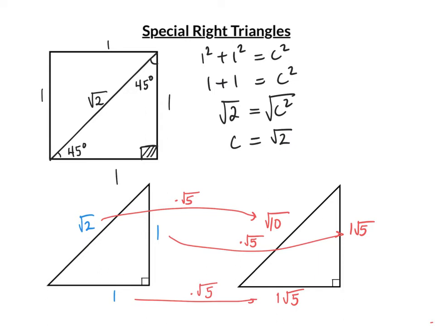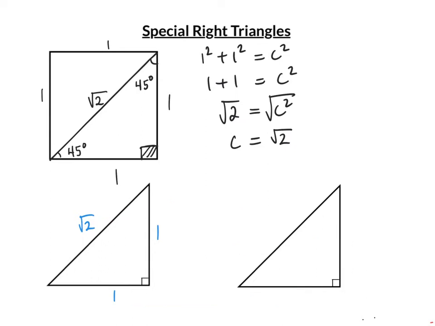What we need to do then to make this easy is find our multiplier. In the example we just did, it was root 5. We're going to call our multiplier t. And when we find what t is, all we do is multiply every side by that t. So instead of 1, 1 and root 2, we're going to think of them as variables.